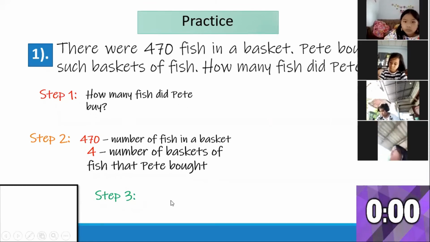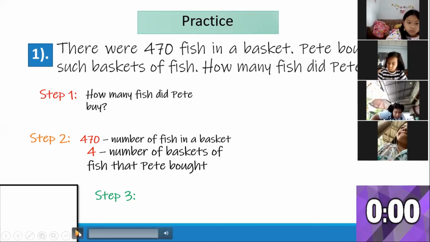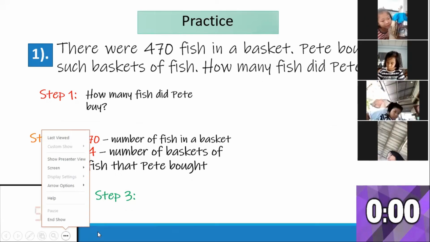Okay, so step 3, you make an equation. I'll give 15 seconds. What to do for step 3? You make an equation. Make the number sentence. Okay, time's up.